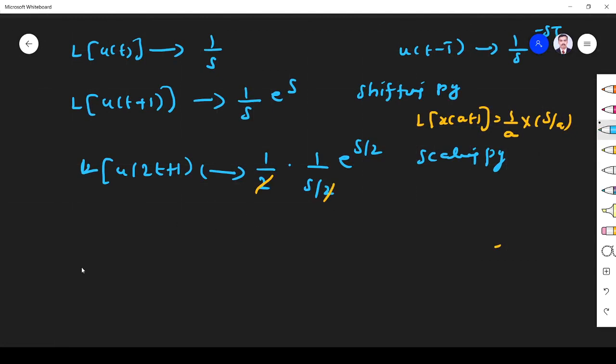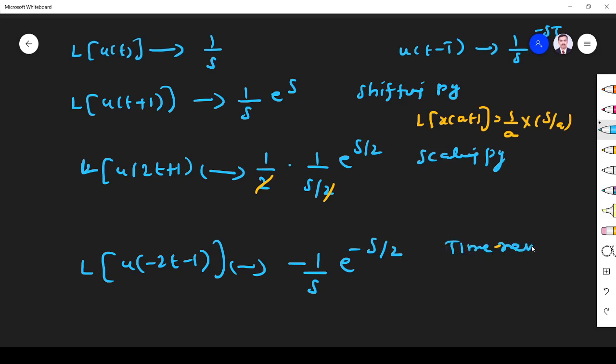Next, I apply time reversal. I apply minus, so minus 2t minus 1. That will be having minus 1, e power minus s by 2. Time reversal property of Laplace transform: L of x of t is given by X of s. Here we have x of minus t, and x of minus t means s must be replaced by minus s.